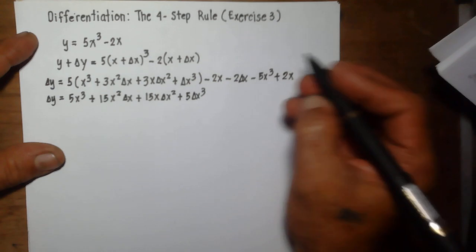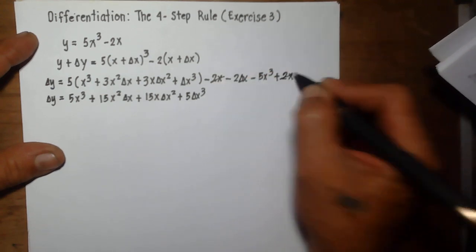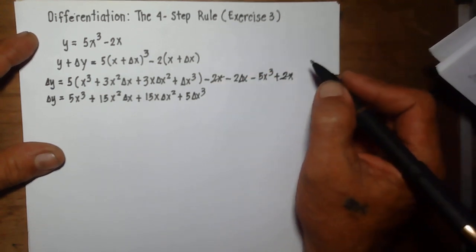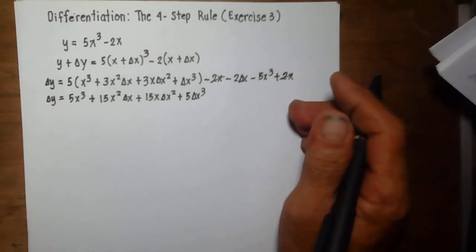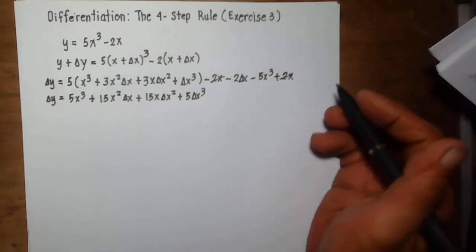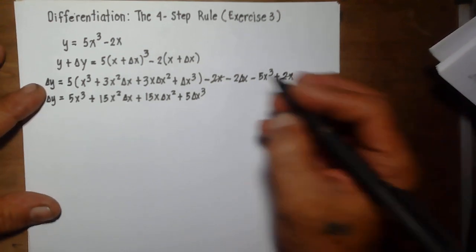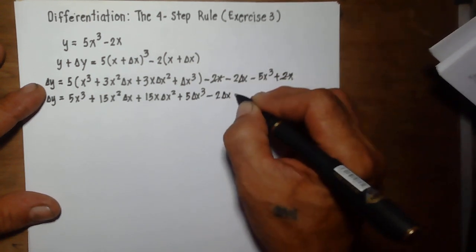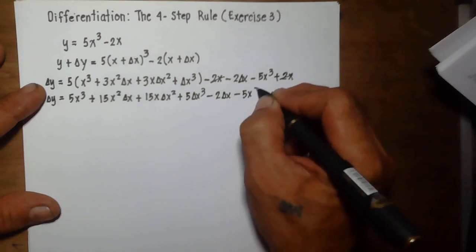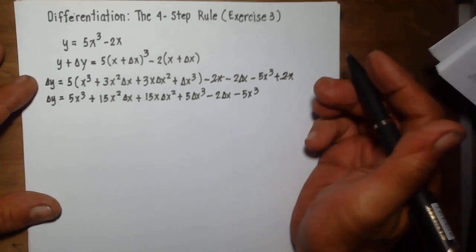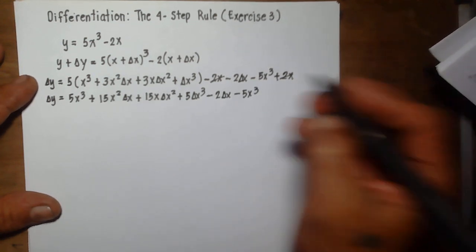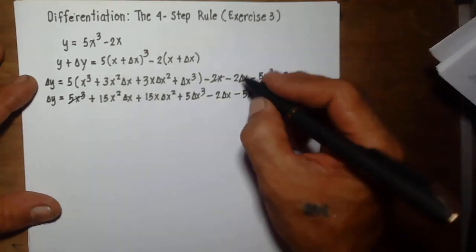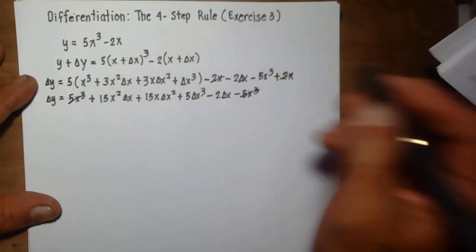Now we can cancel right away the negative 2x and the positive 2x. So we are left with minus 2 delta x minus 5x cubed. Now we can readily cancel 5x cubed and the minus 5x cubed.